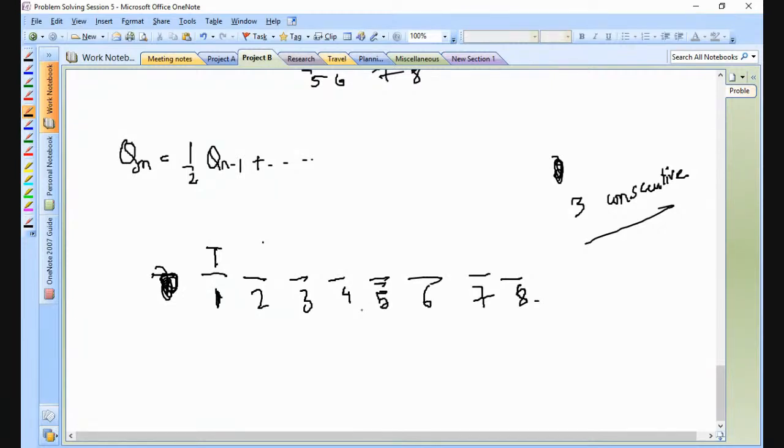The first is tails. I'm considering that in this recurrence there is no case where I have 3 consecutive heads, and it starts with tails.